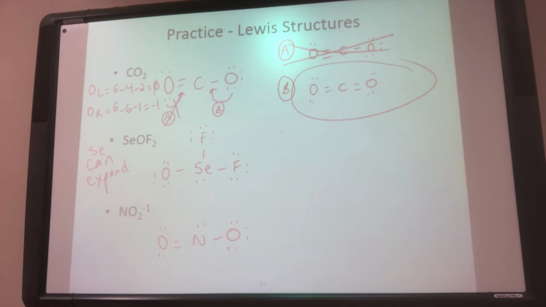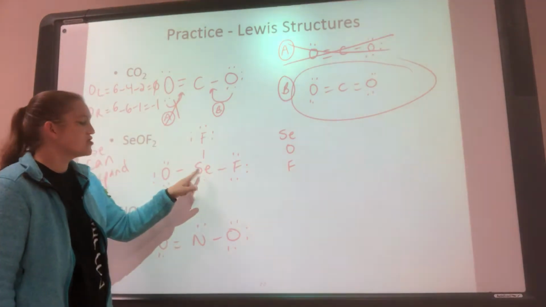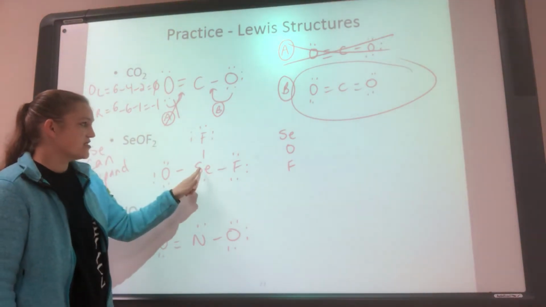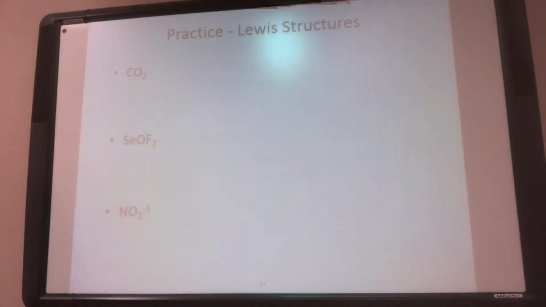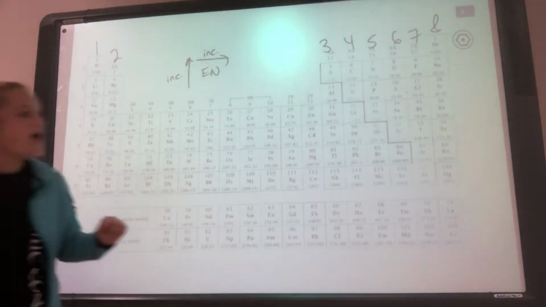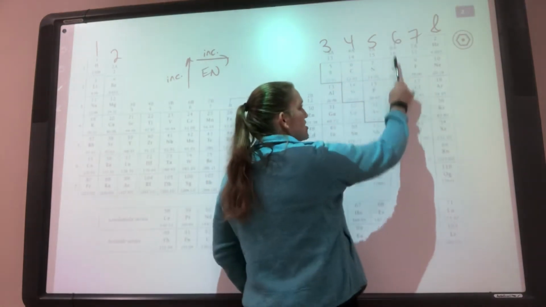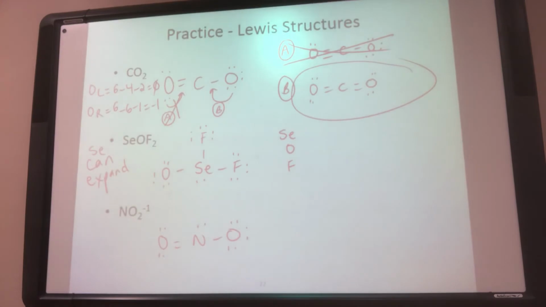In this case, we have to do it on every single element, the guy that is going to expand and all the other elements. So let's do the electrons. Se has 6, oxygen has 6, and fluorine has 7. So we did the valence.